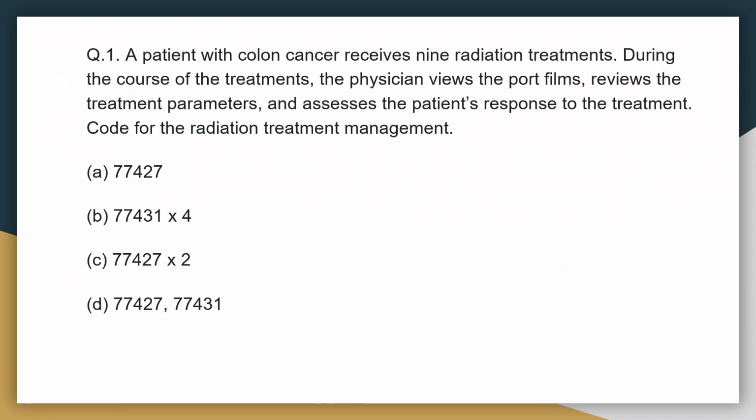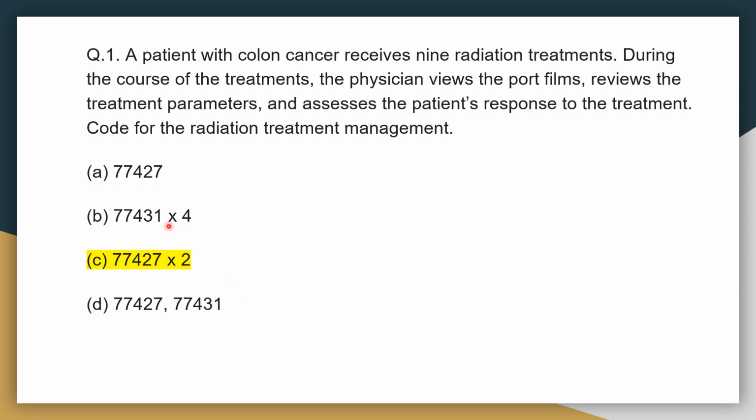So let us take one question that has come in the exam. A patient with colon cancer receives 9 radiation treatments. During the course of the treatment, the physician views the port film, reviews the treatment parameters and assesses the patient response to the treatment. Code for the radiation treatment management. Now, I showed you how to do the calculation. Do the calculation and tell me the answer.